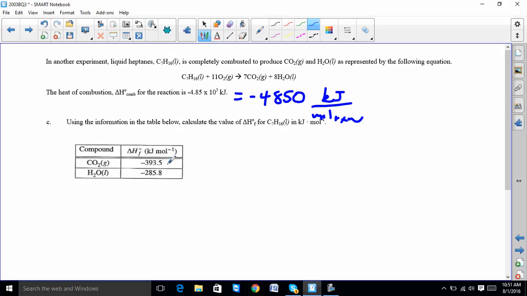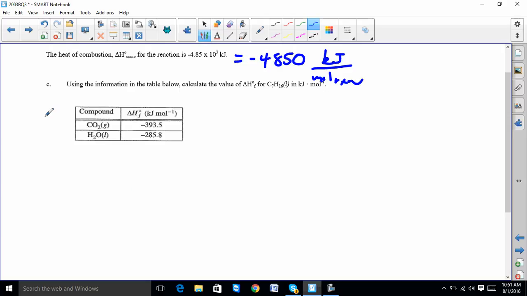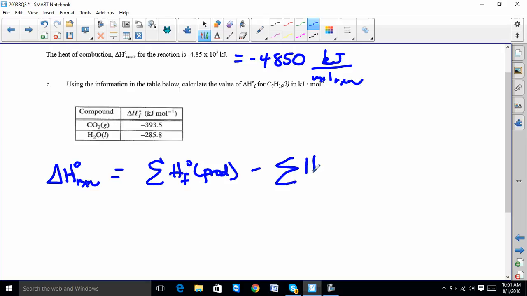Okay, so now here's the deal. The heat of the reaction, delta H reaction, but in this case it's a combustion reaction, is the sum of the heats of formation of the products minus the sum of the heats of formation of the reactants.